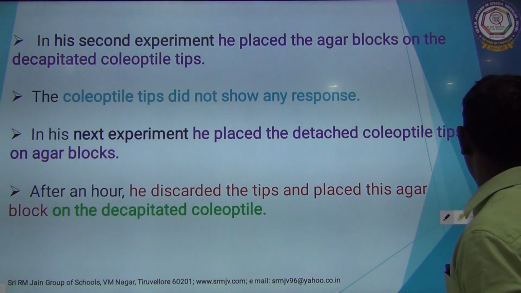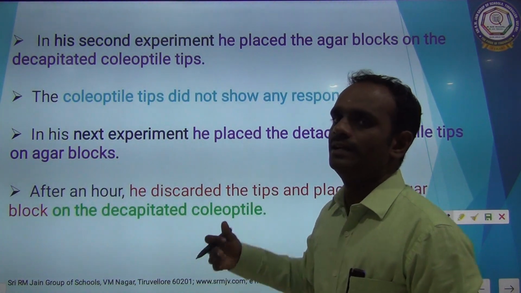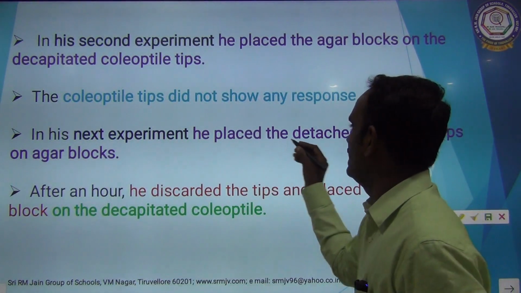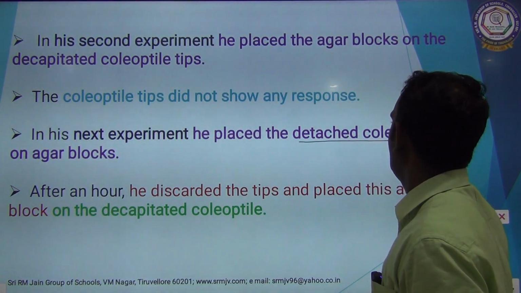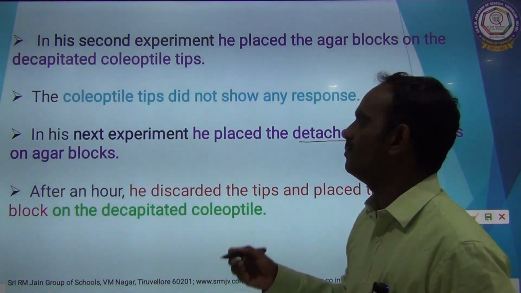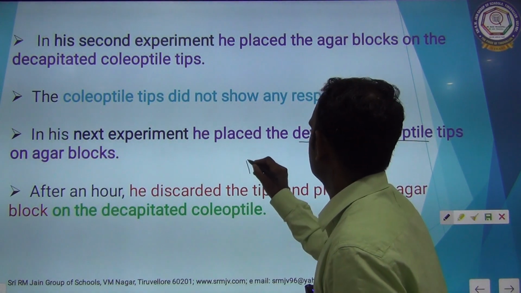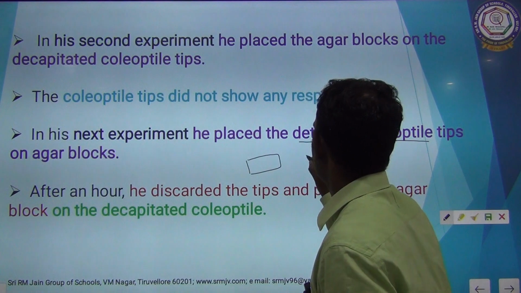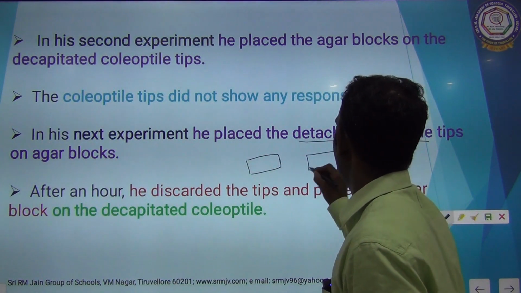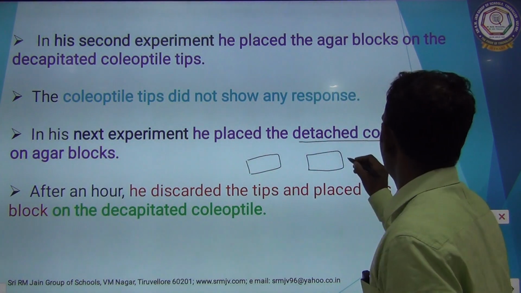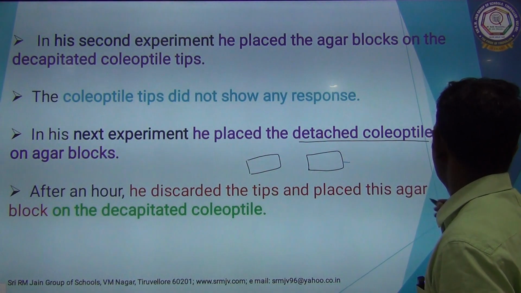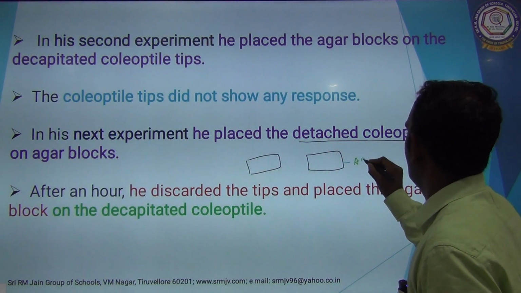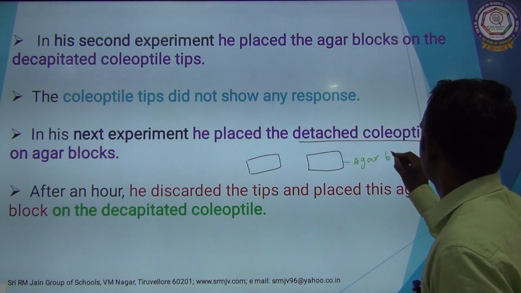In his third experiment, he placed the detached coleoptile tips on agar blocks. Think of this as the agar block.